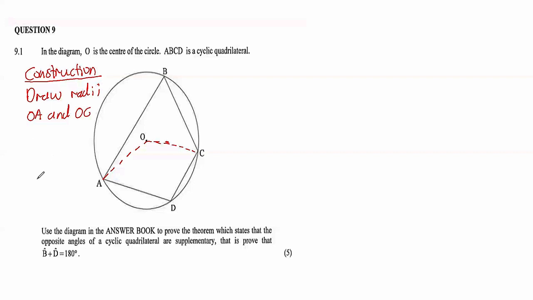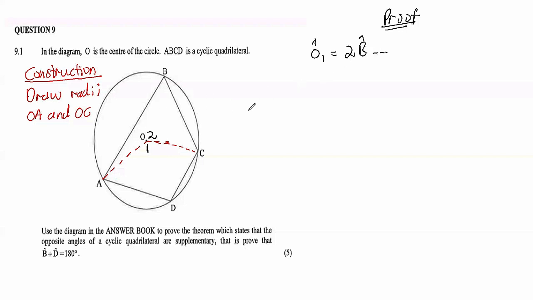And then at this point, we start with our proof. So we're going to say proof. And then let's now begin. At this point, let's indicate that this will be our O1 here, and this here will be our O2. Remember, you have this answer book, so you can indicate those angles there. They will be able to see it from your diagram. Then say O1 is equal to twice the angle B. So what are we using?